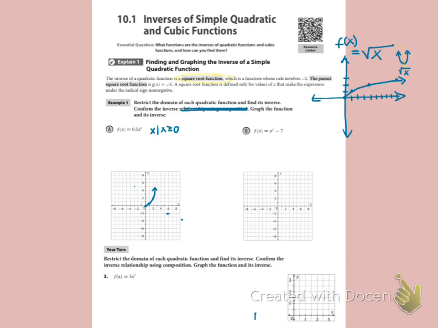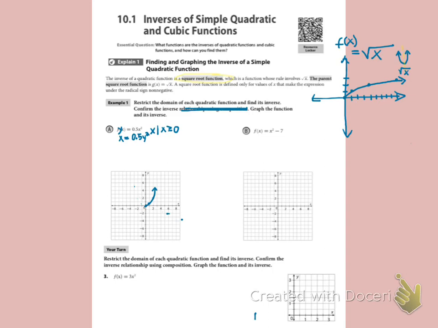Now next we want to write the inverse, and remember that when we talk about inverse, we want to reverse the variables, and that's really the first step we take. So f of x is really like saying y. If we switch the places of x and y, this would look like x equals 0.5 y squared.